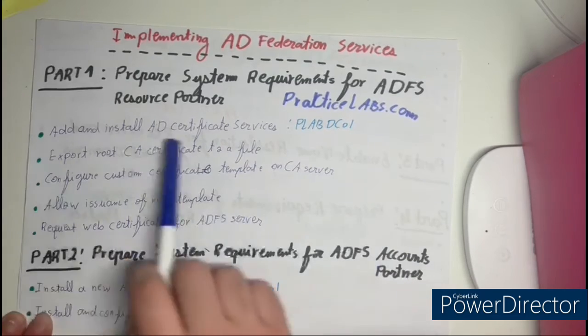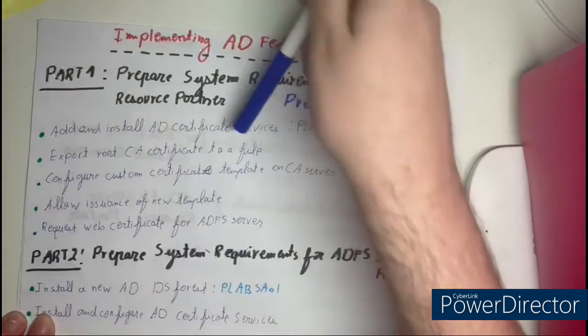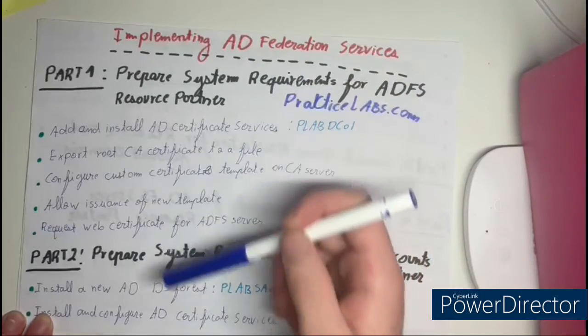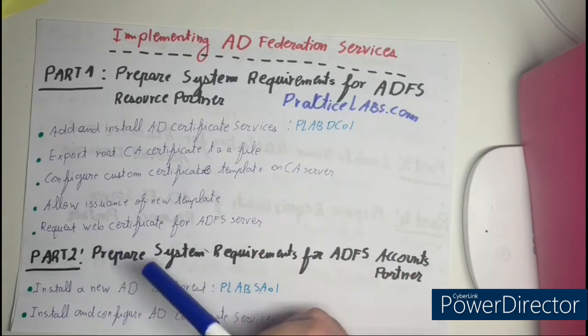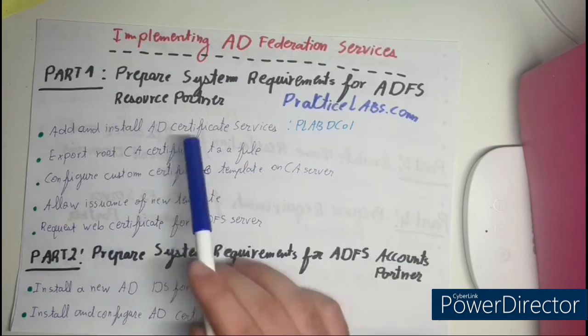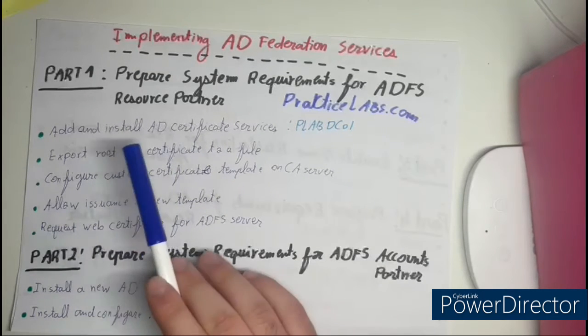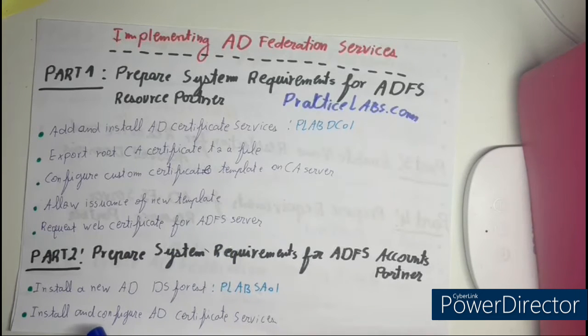I've organized the whole steps, and you have to go with the flow. You cannot skip one and jump from the second step to the last step. In the last step of the first part, we'll be requesting a certificate for the ADFS server.